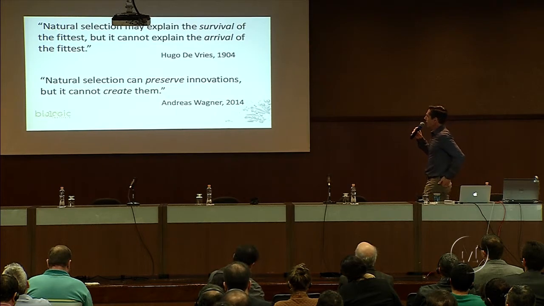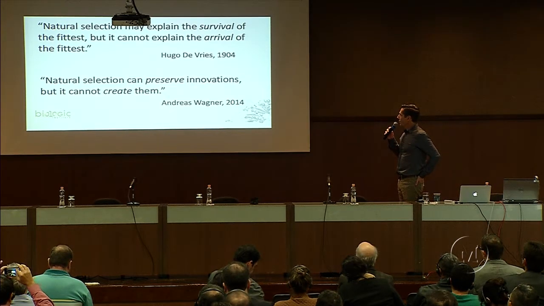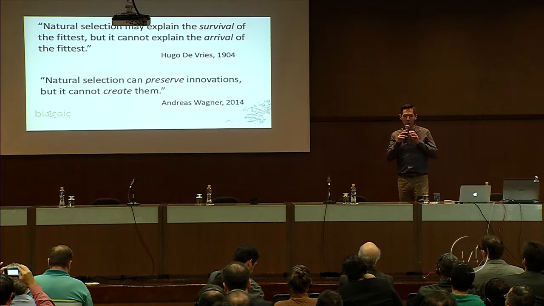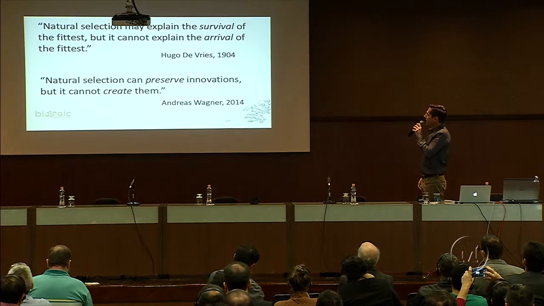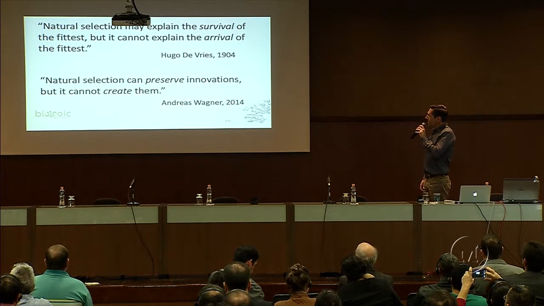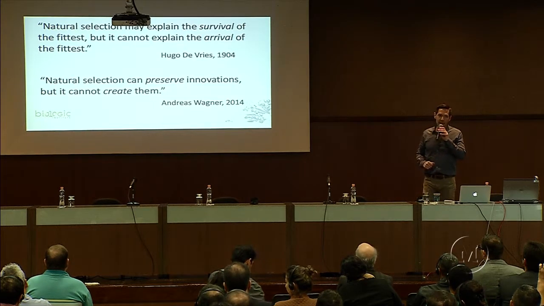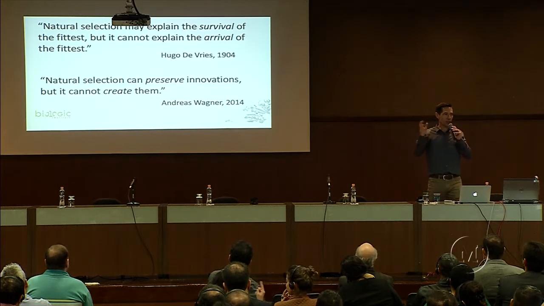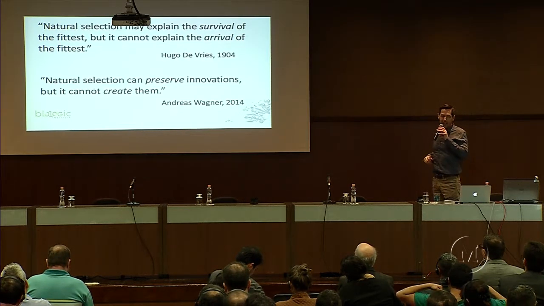In my book, I quote Hugo de Vries, who wrote a book in 1904 where he was quoting a friend as saying, natural selection may explain the survival of the fittest, but it cannot explain the arrival of the fittest. That has kind of a nice sound in English. I'm not sure if it makes it into Portuguese, but it rhymes in English. It probably doesn't in Portuguese.